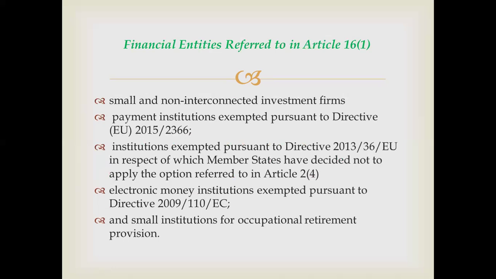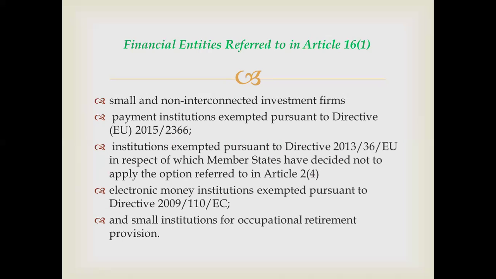So the financial entities referred to in Article 16, paragraph 1 are: one, small and non-interconnected investment firms. Two, payment institutions exempted pursuant to Directive EU 2015/2366. Institutions exempted pursuant to Directive 2013/36/EU, in respect of which member states have decided not to apply the option referred to in Article 2, paragraph 4.